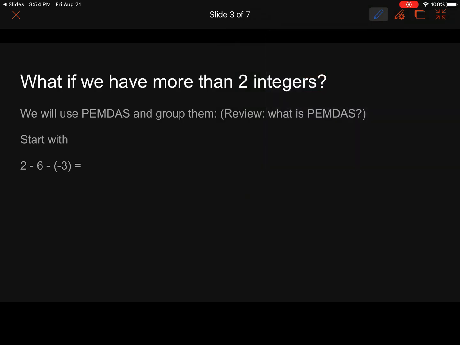So if we look at 2 minus 6 minus -3, we could also look at this as parentheses 2 minus 6 parentheses minus -3. Now again, we're going to substitute our additive inverses in here to make this a better expression.